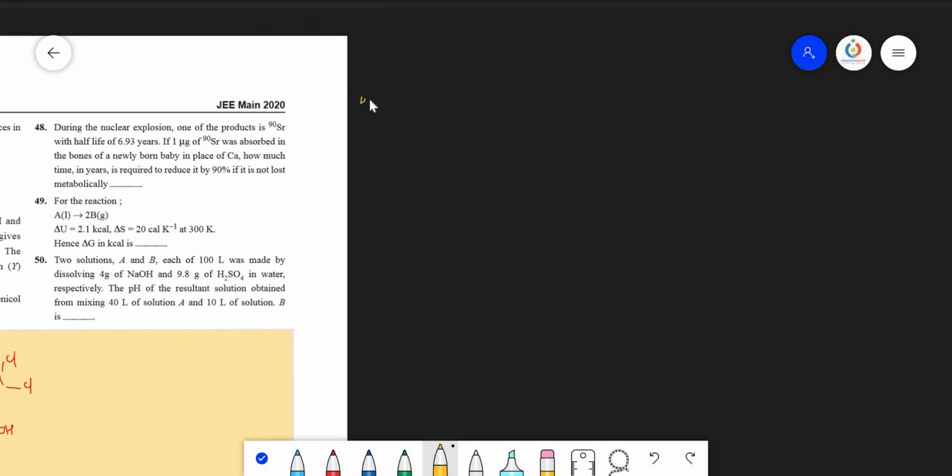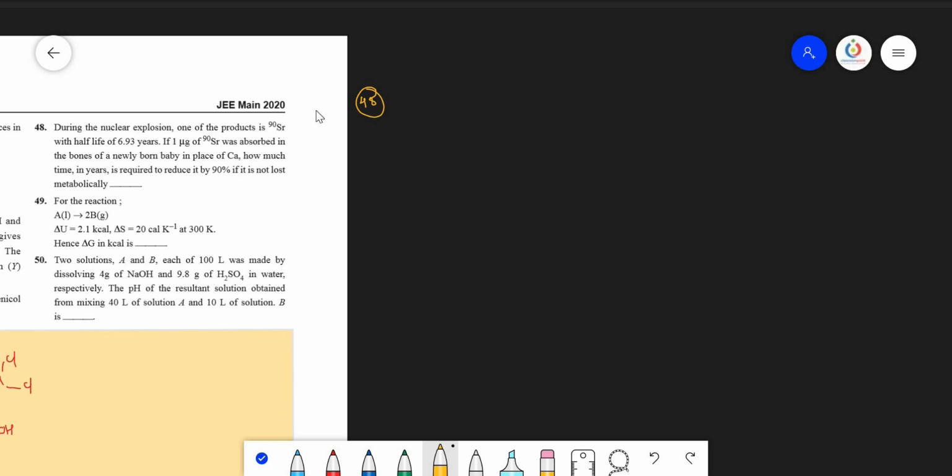We shall solve question number 48. During the nuclear explosion, one of the products is 90 strontium with a half-life of 6.93 years. If 1 microgram of the 90 strontium was absorbed in the bones of a newly born baby in place of calcium, how much time in years is required to reduce it by 90% if it is not lost metabolically?